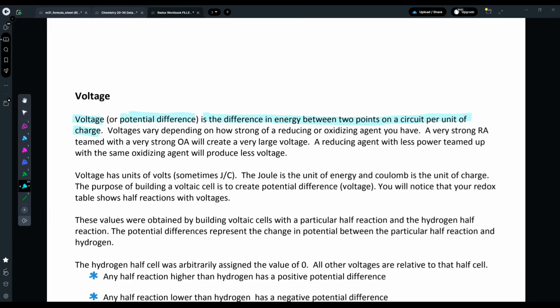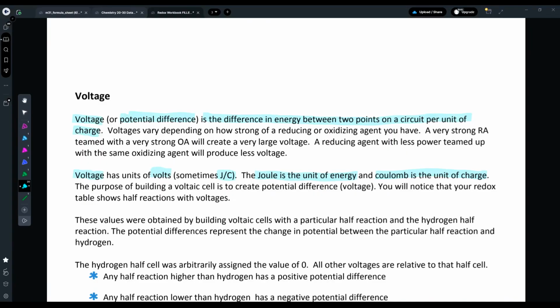A reducing agent with less power teamed up with the same oxidizing agent, you're going to have less voltage produced. Voltage has the units of volts, but sometimes it's in joules per coulomb. Joules is just a unit of energy and coulomb is just a unit of charge. And the purpose of building a voltaic cell is to create a potential energy difference, so to create a voltage.